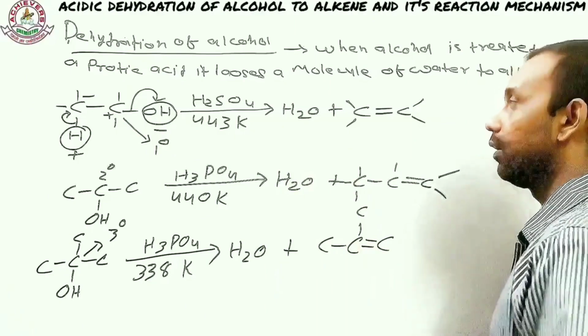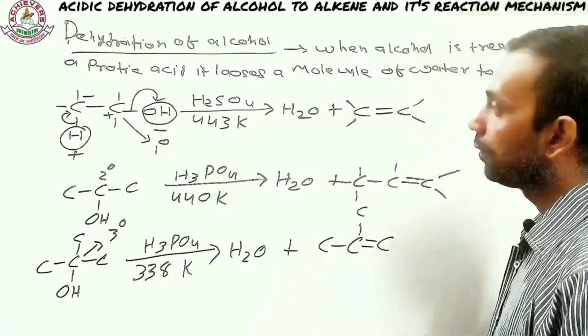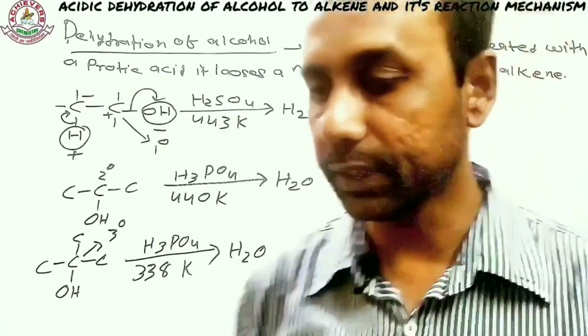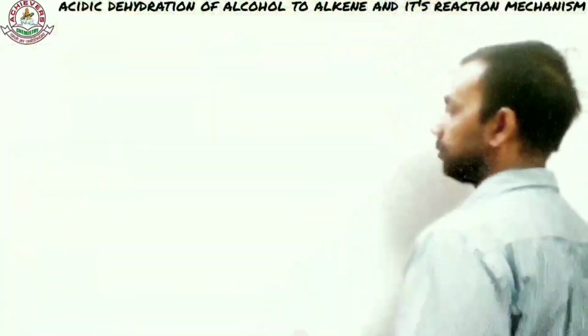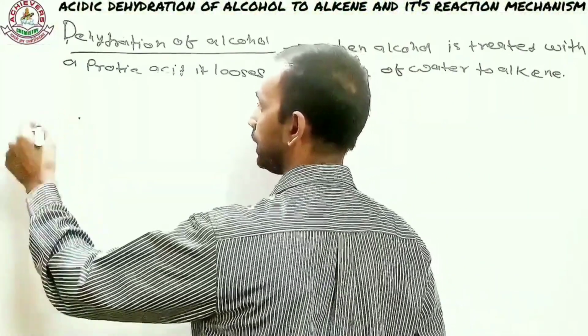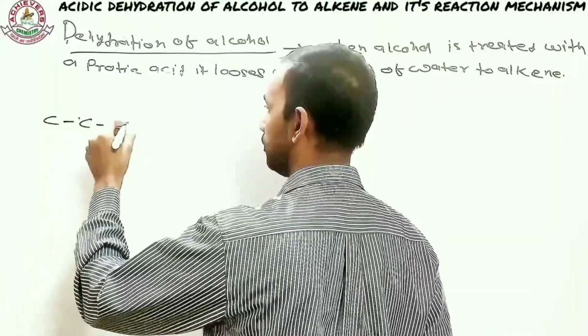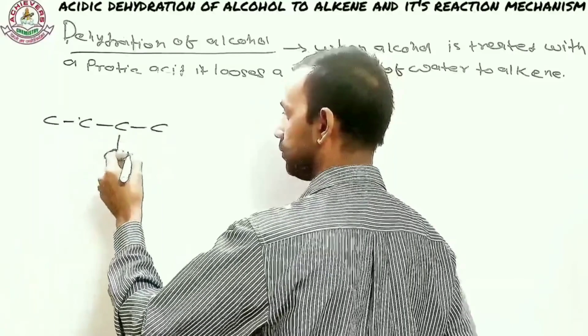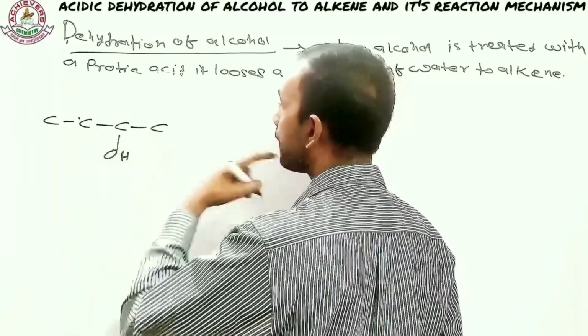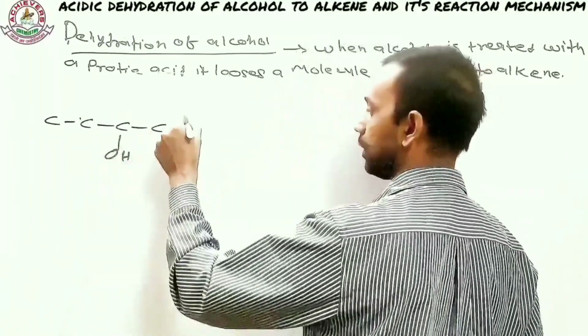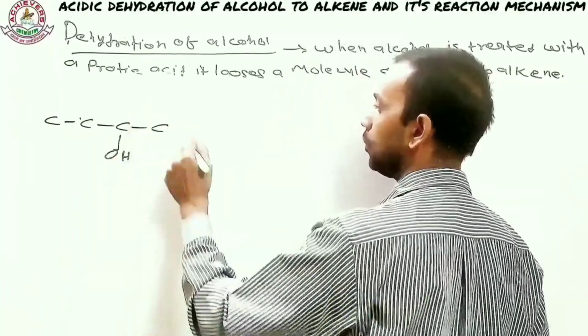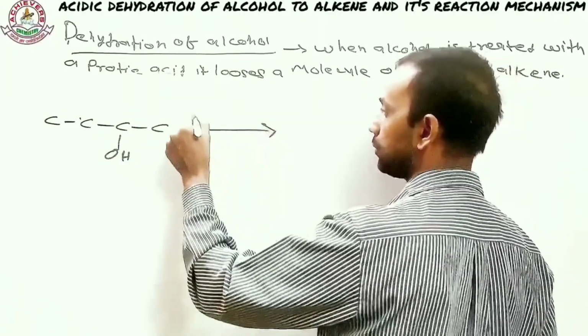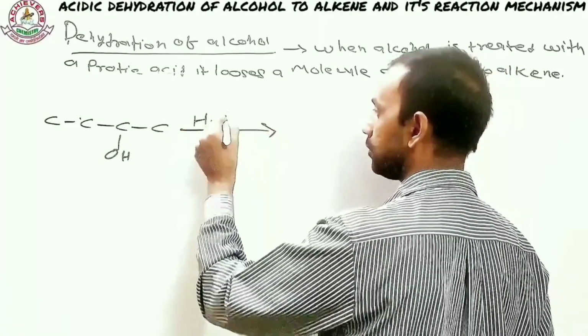In case you are looking for some other example, I'm doing one more example where I will be taking more number of carbons. Let's take something like this one. This is your alcohol, right? And what you have to do, you have to use a weak acid.